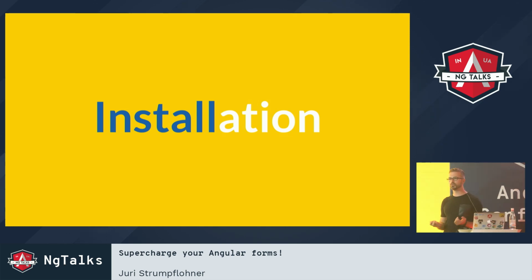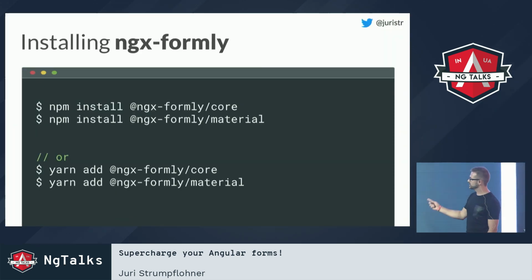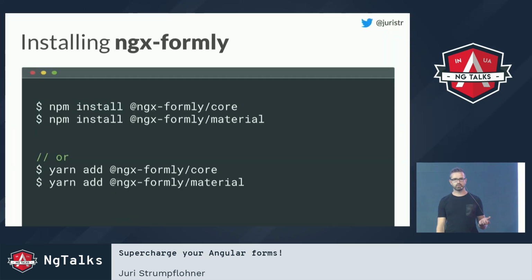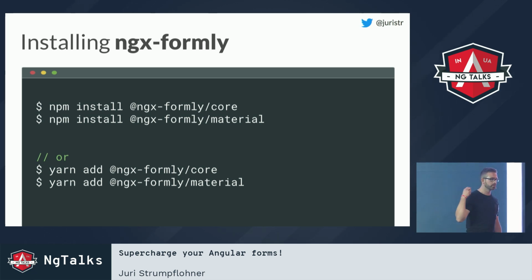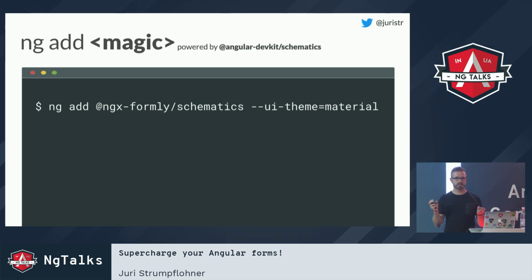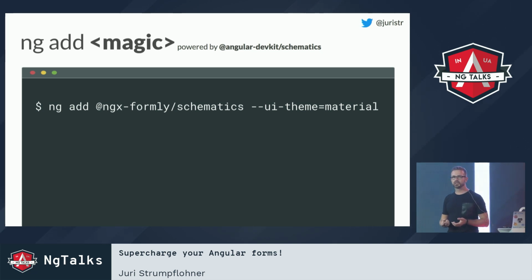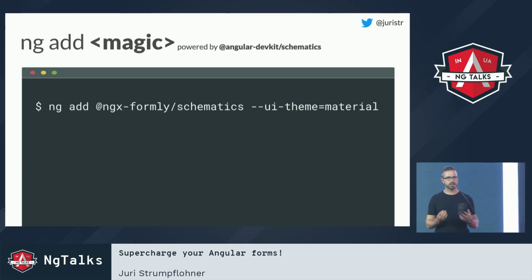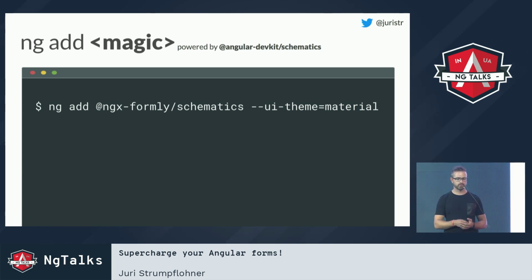So how does the installation work? Really simple. Just pick the core part and your UI framework of choice, like Material in this case. There's another approach of installing, which is ng add magic. You probably know that with one of the latest versions of Angular CLI, library authors can now provide schematics that will install and set up your project.